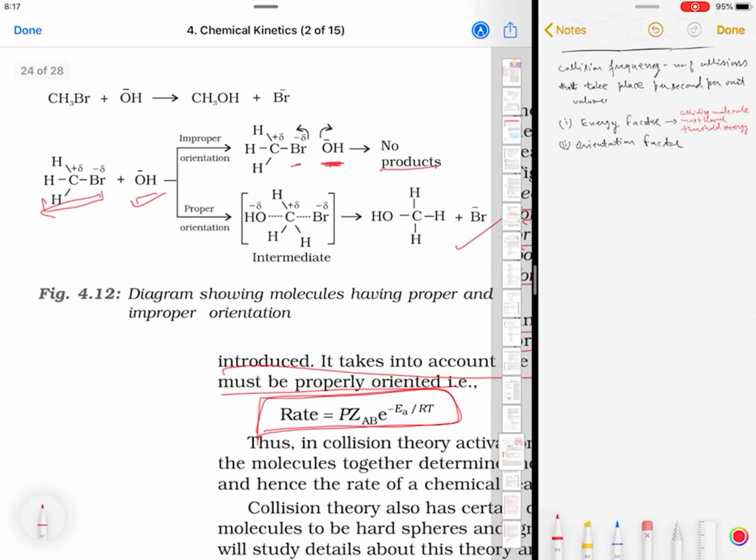OH negative can approach the CH3Br either from the direction of Br negative or from a direction opposite to Br negative. Now according to this orientation factor, only that collision will result in the formation of product when OH negative approaches from the direction opposite to Br negative. This is the orientation factor.